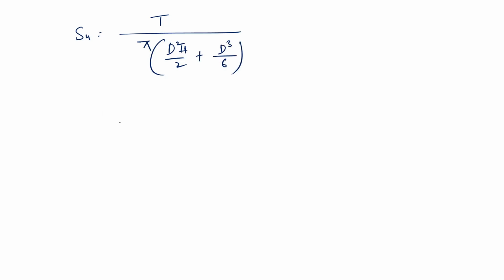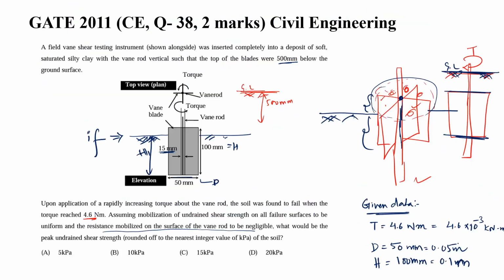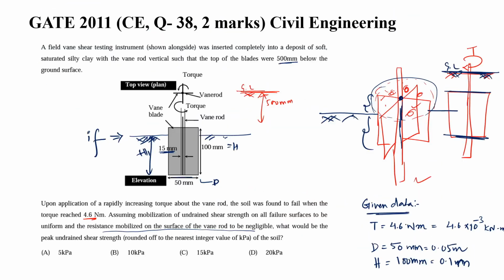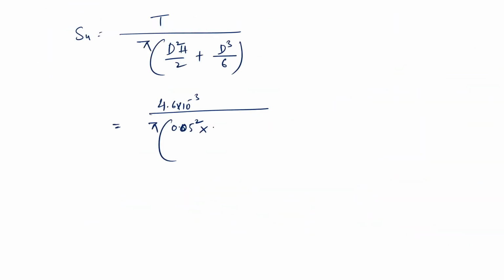T we know is 4.6 into 10 to the power of minus 3 kilonewton meter, divided by pi into (0.05 square into h, which is 0.1, divided by 2, plus 0.05 cube by 6).